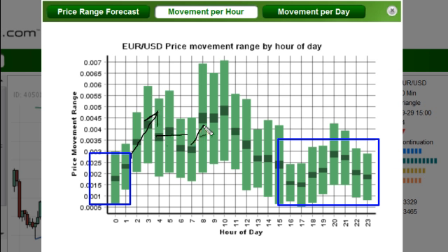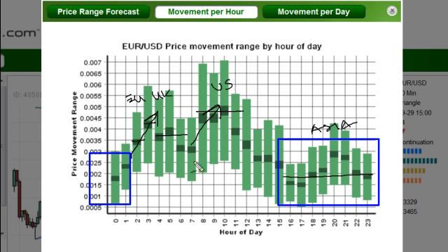And then we have a pickup again with the US. So you've got Europe, you've got the UK here, you've got the US here. This is Asia. Look at the difference in terms of the averages. I want you to notice that.